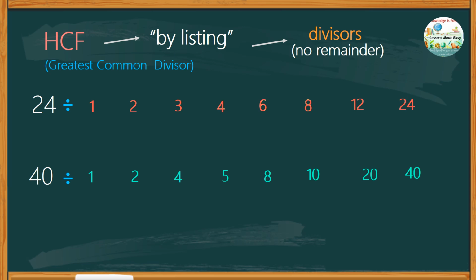So the factors of 40 are 1, 2, 4, 5, 8, 10, 20, and 40 itself. Let's look at the factors and see what numbers are common for both. We have 1, 2, 4, and 8. Among these numbers, 8 is the greatest and therefore is the highest common factor or HCF.